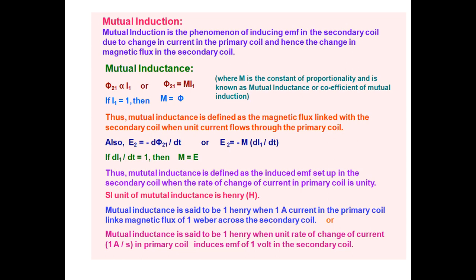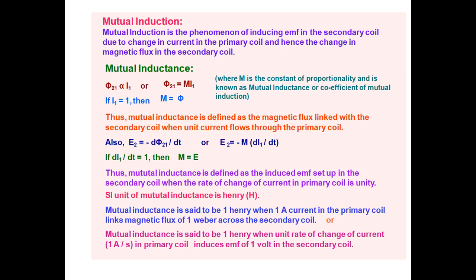To change the proportionality sign to an equal sign, we should take one constant. Therefore phi 2 1 is equal to M into I1, where M is the constant of proportionality, also known as mutual inductance, or the coefficient of mutual induction.